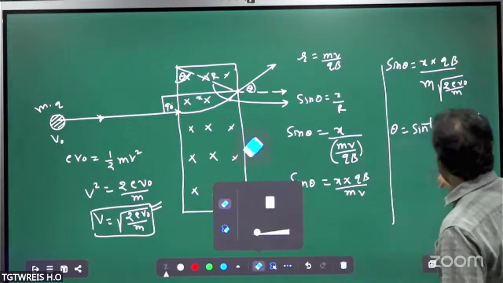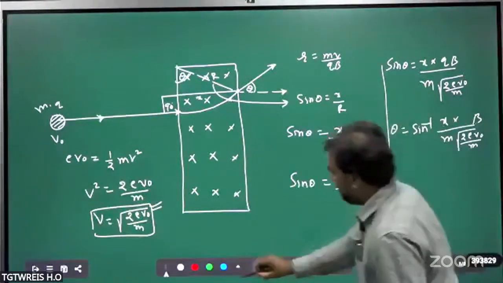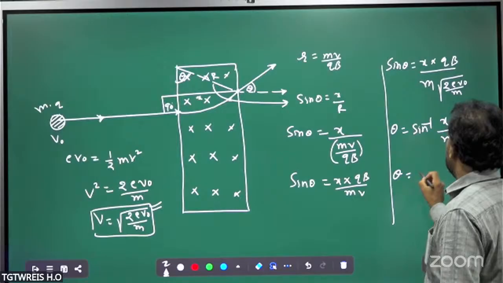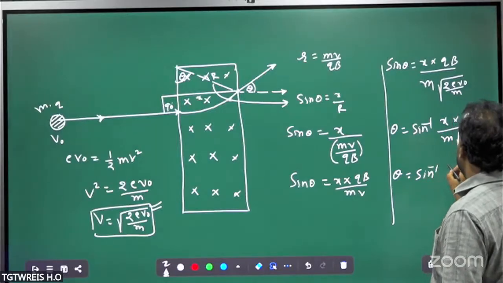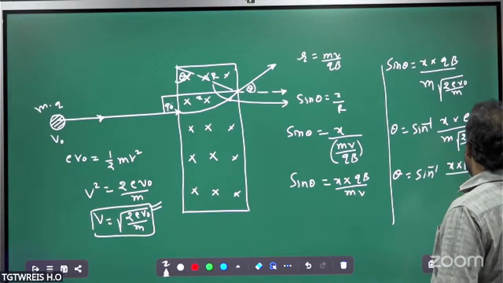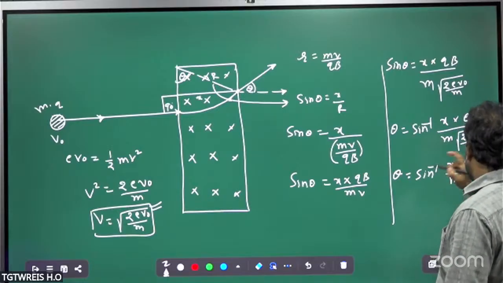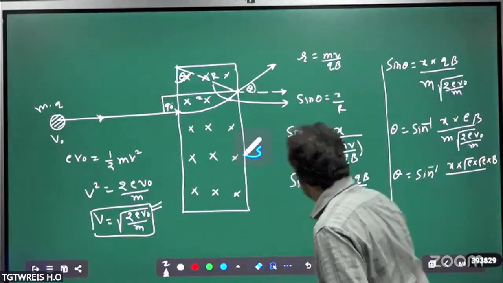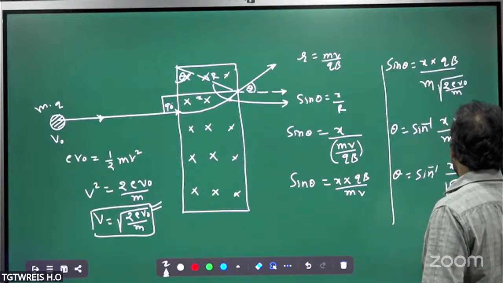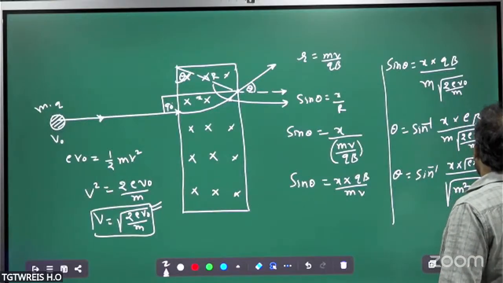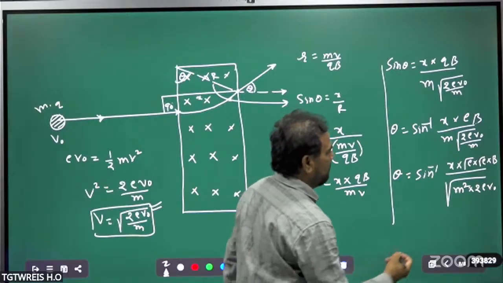Write this value also as e only. Or theta is equal to sin inverse of x into root e into root e into B upon m. Take m inside, that is root over m square, 2eV0 upon m.